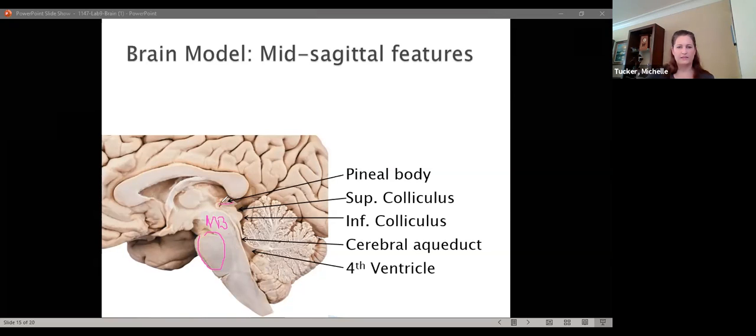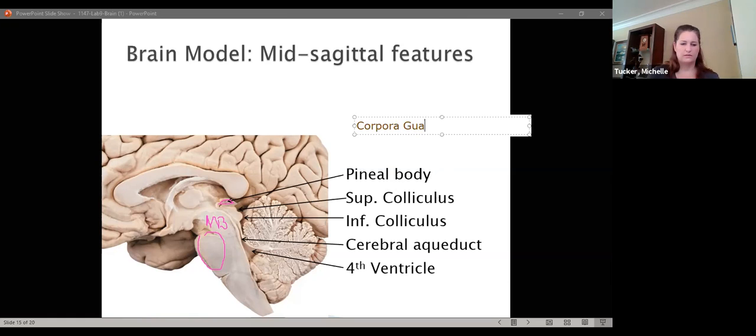And the pineal gland here is actually part of that diencephalon, so it's not a midbrain structure. The superior and inferior colliculi are called the corpora quadrigemina, for these four structures, two superior and two inferior colliculi.